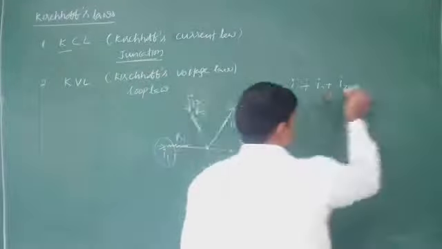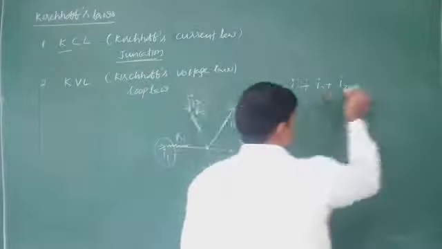That must equal the total current leaving the junction. What currents leave the junction? I3 leaves the junction, moving away from it, and I4 is also the same, moving away from it.